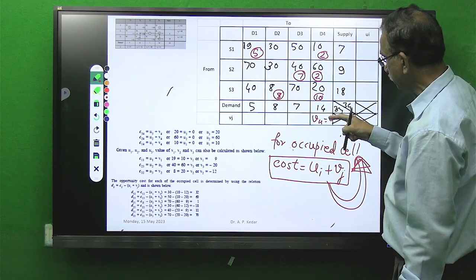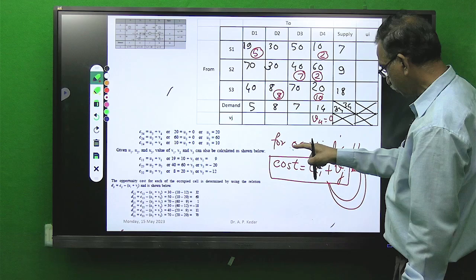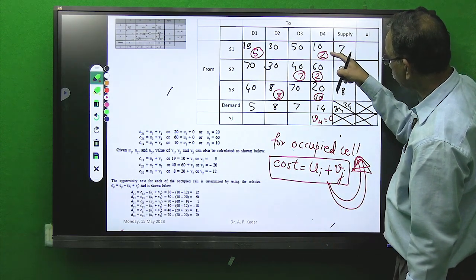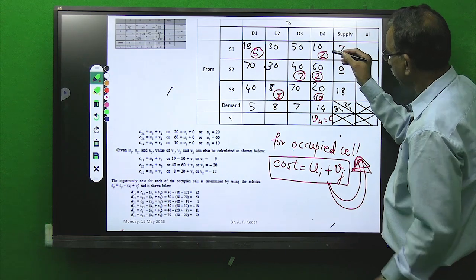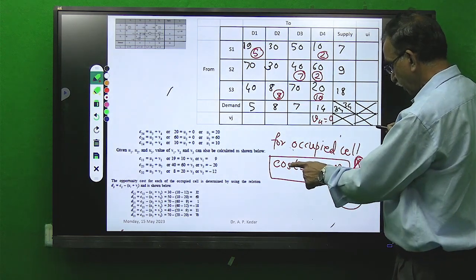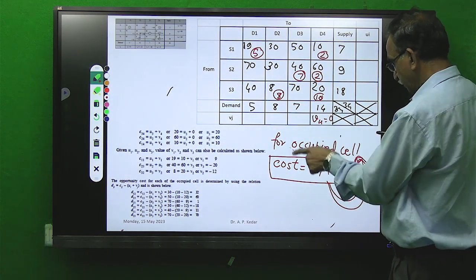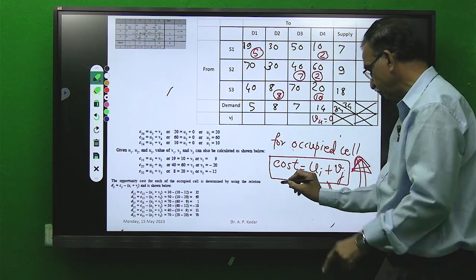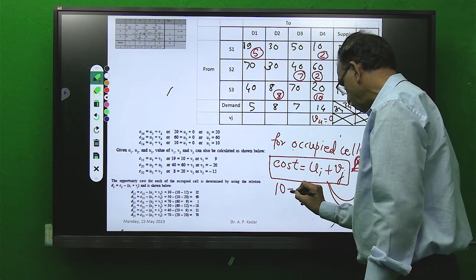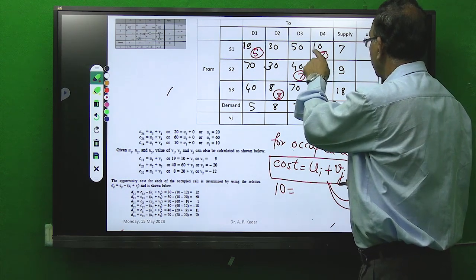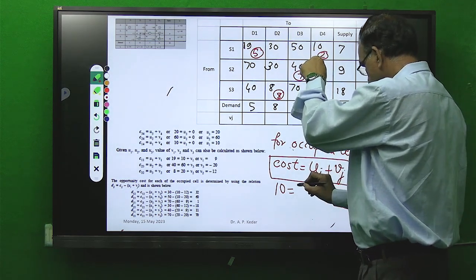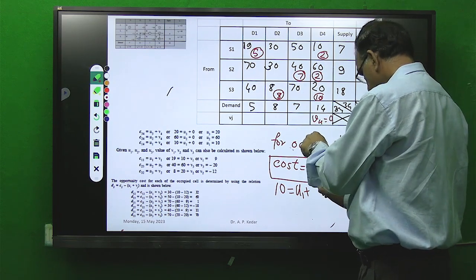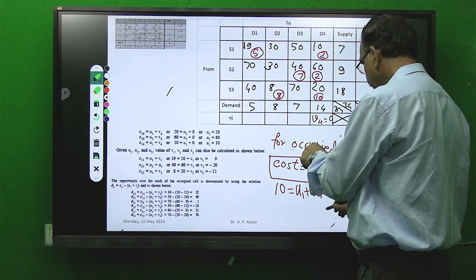Since this is occupied cell, and for occupied cell cost is equal to ui plus vj. So for this occupied cell 10 is the cost, means from this formula this cost 10 is sum of ui plus vj. This 10 is equal to here ui means u1 plus vj means v4.